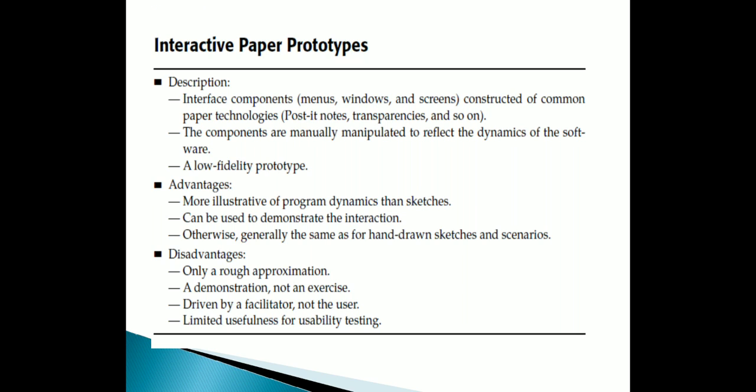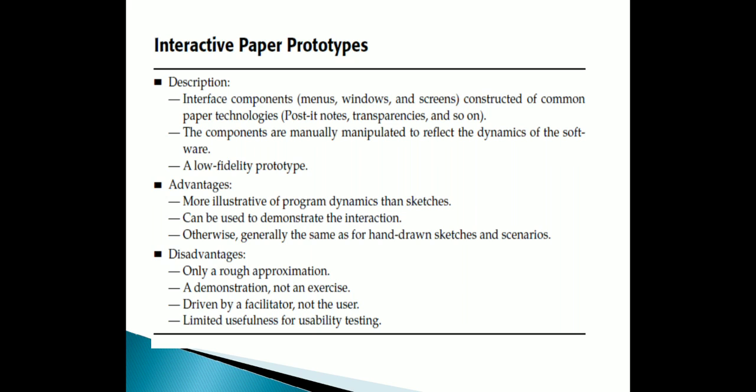Interactive paper prototypes are another simple low fidelity prototype, which involves the use of common office supplies such as post-it notes, transparencies, markers and scissors. Menu bars, pull down menus, pop up windows, screen bodies, and so on, reflecting the system tasks, are created using these media.